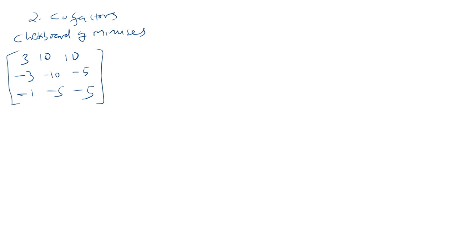So what you do for this matrix to change it to a matrix of cofactors, you write another matrix of signs, alternating plus sign and minus sign, of the same order as this matrix. In this case, you have to start with the plus sign.